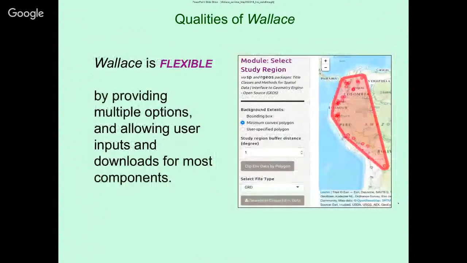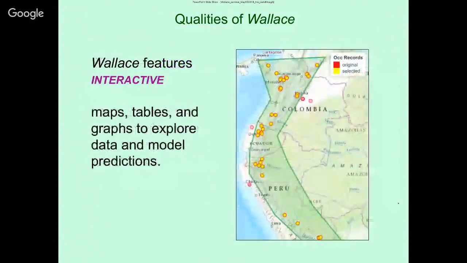Wallace is flexible, so it provides the user with multiple options, and also allows different kinds of interactions with the data that you're analyzing. So you can input data to Wallace, and you can export data from Wallace in multiple forms. And Wallace is interactive.